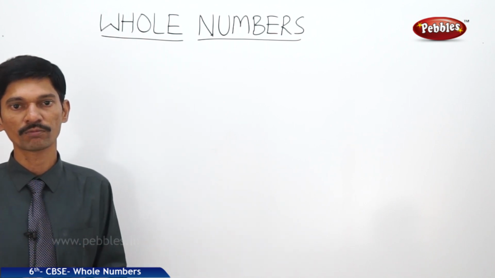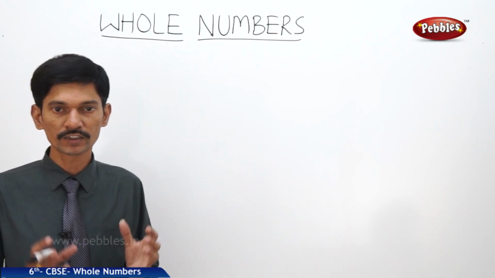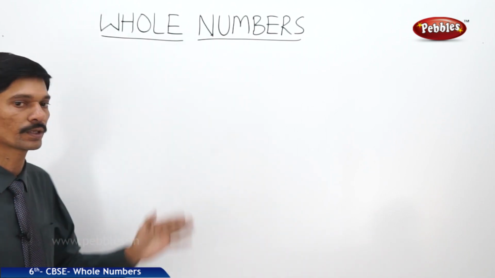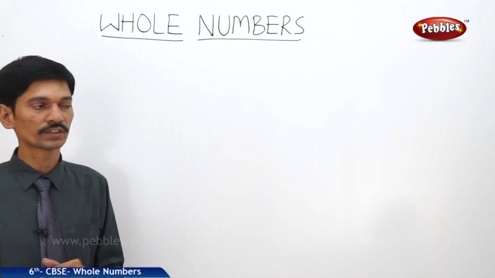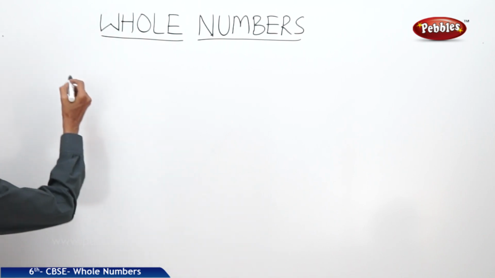If you want to find the number of students in your class, so naturally we use 1, 2, 3, and so on. So then these numbers are called natural numbers.